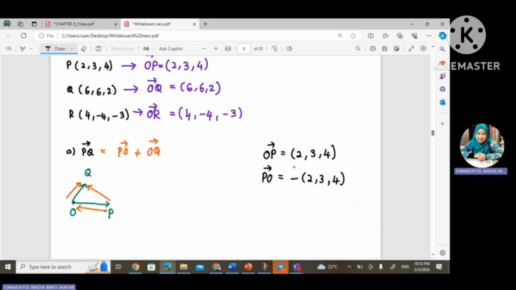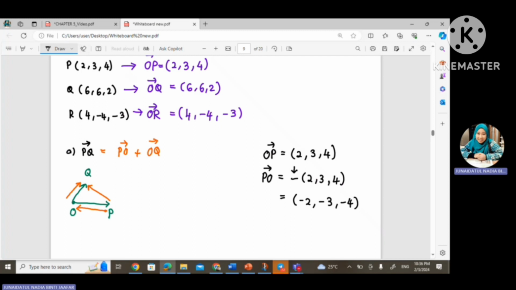We must put the negative sign in front of the vector OP because of the opposite direction.